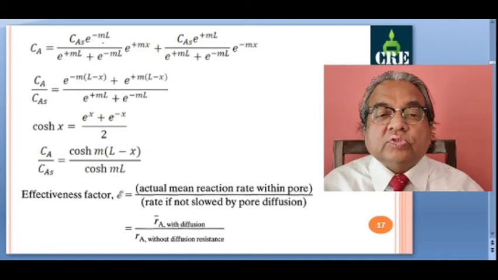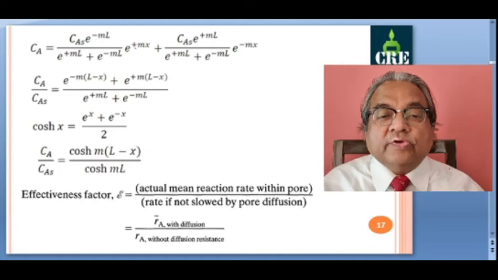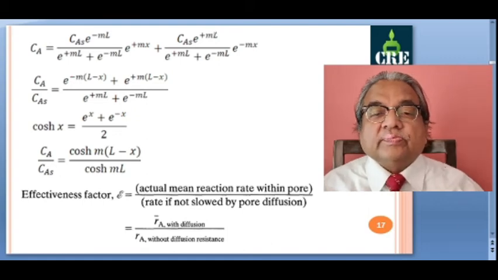So e raised to minus ml into e raised to mx. So minus ml plus mx. So we can write as e raised to minus m into bracket L minus x. Here plus ml minus mx.